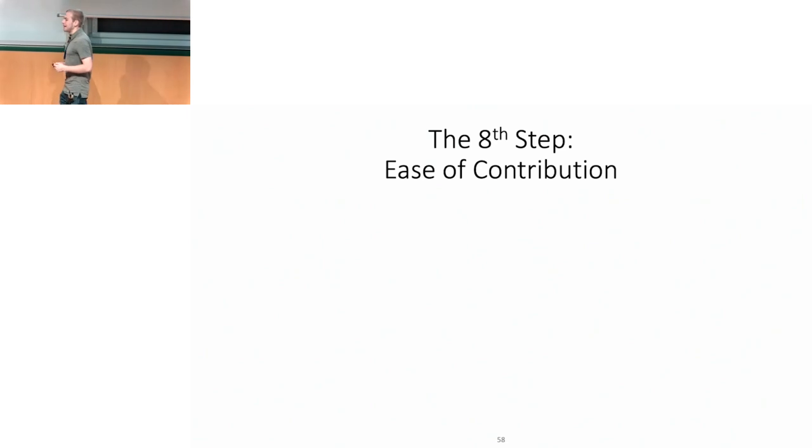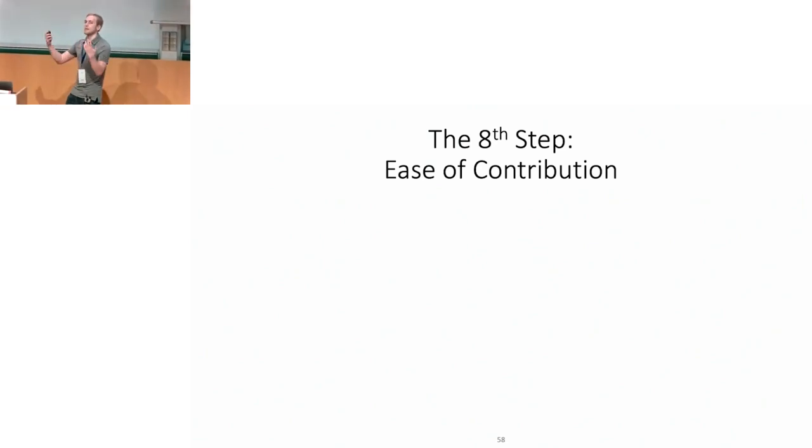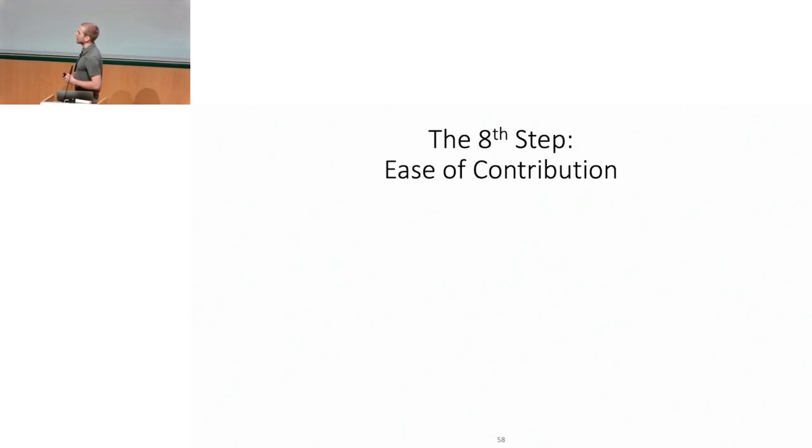The 8th step, ease of contribution. You see, AutoML is complicated. There's a lot going on, and there's a lot of nuance involved in determining how you improve an AutoML system. If somebody wants to contribute, they're eager, and they have an idea, and they open a pull request, how is that experience for them prior to that thing getting merged?